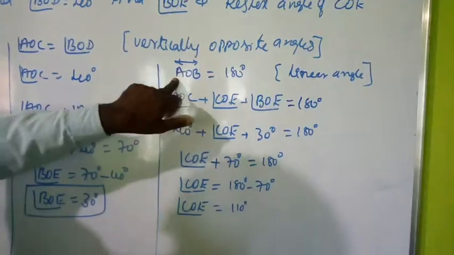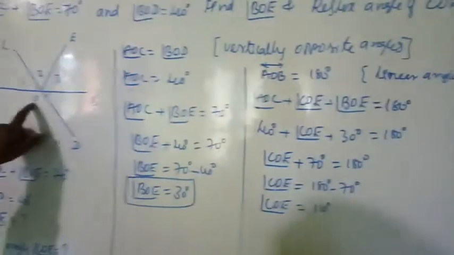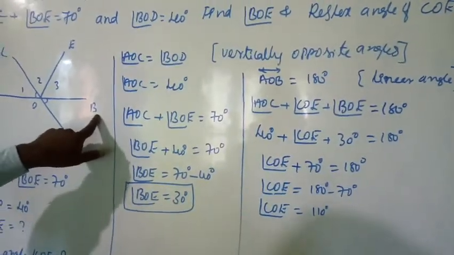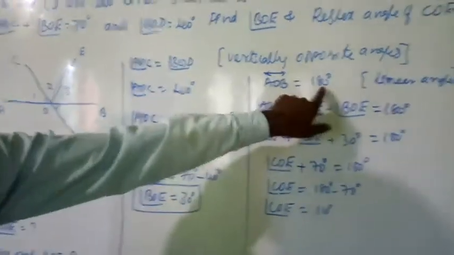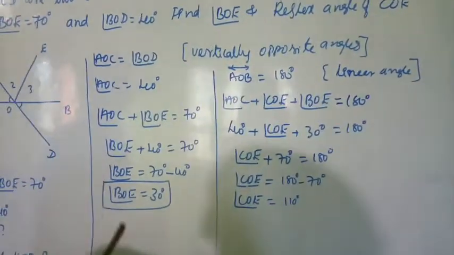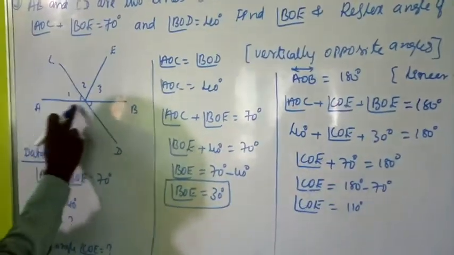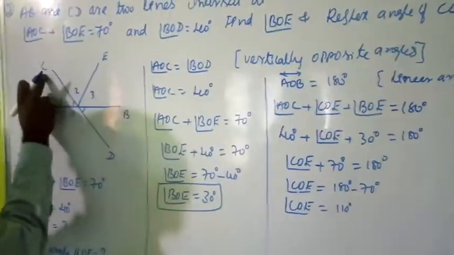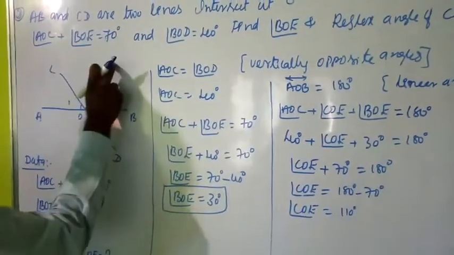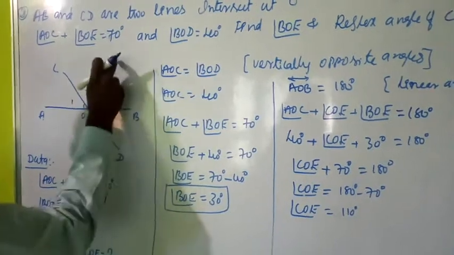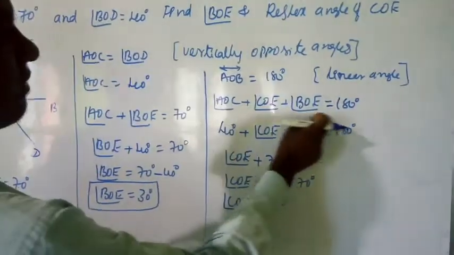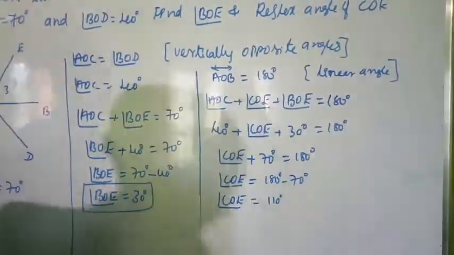Just observe here, AOB is your straight line. A straight line always represents 180 degrees, which means a linear angle. On this straight line, the sum of angle AOC, angle COE and angle BOE is always equal to 180 degrees.